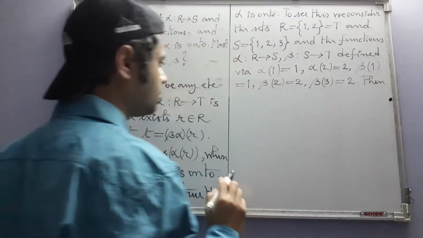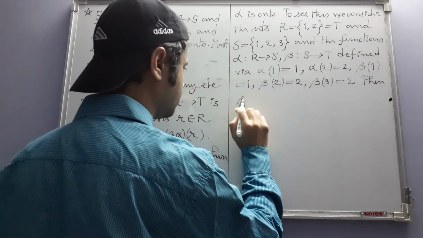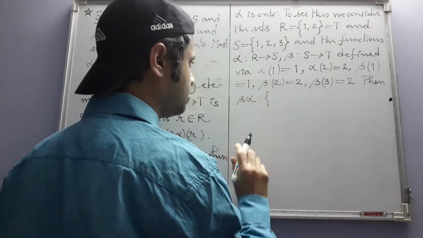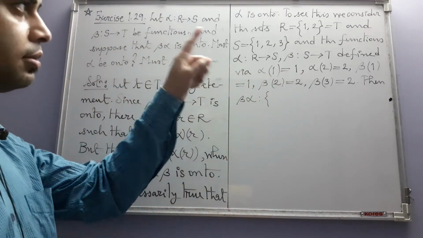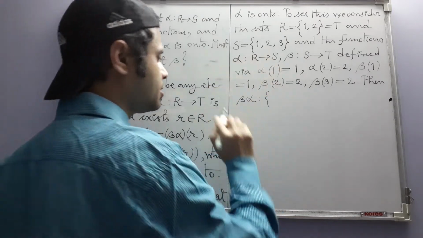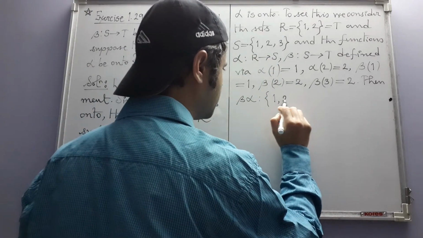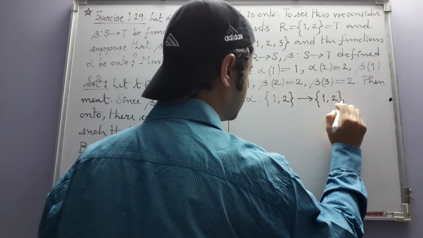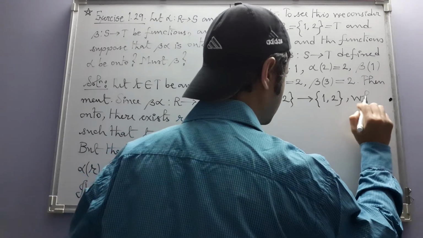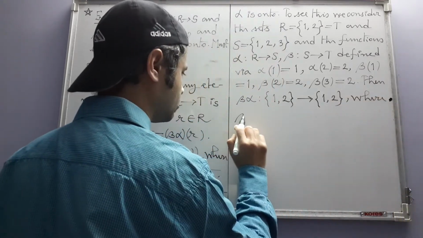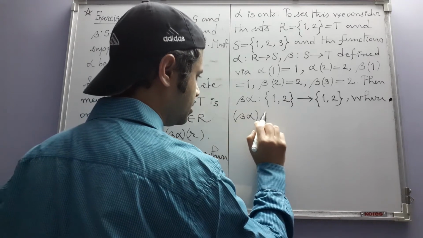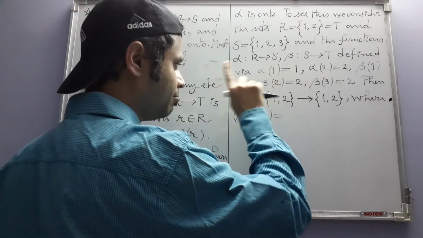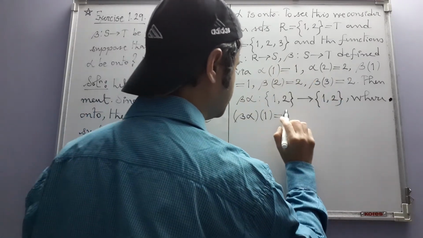Then let us calculate the composition beta alpha. So beta alpha maps R into T. In this case, both of them are the same set. Beta alpha of 1: alpha of 1 is 1 and beta of that 1 is again 1.